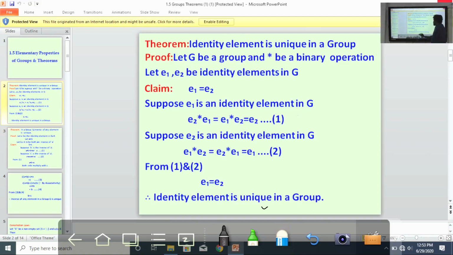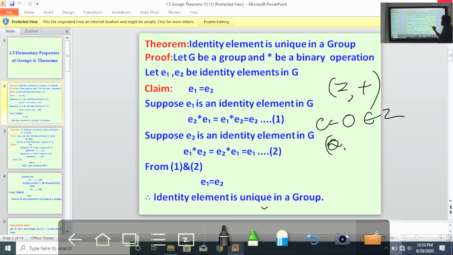For example, Z plus is a group. What is the additive identity? 0 is the only identity element in Z. What is the identity element in Q plus?